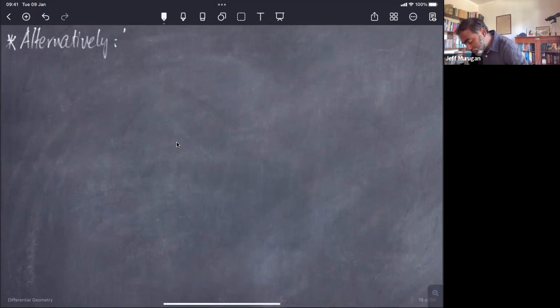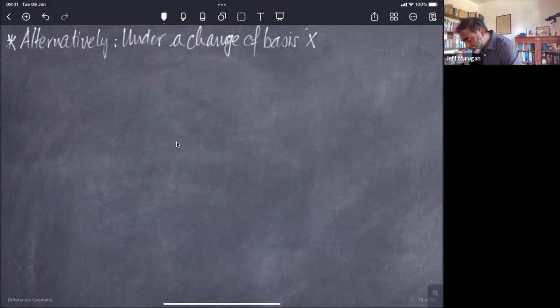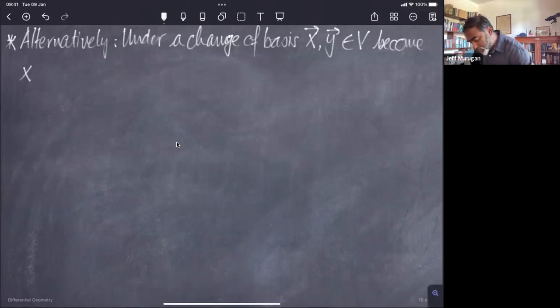So under a change of basis, x and y in V become x prime, say, and x prime is Ax, where A is the matrix of coordinate transformations, and same with y.